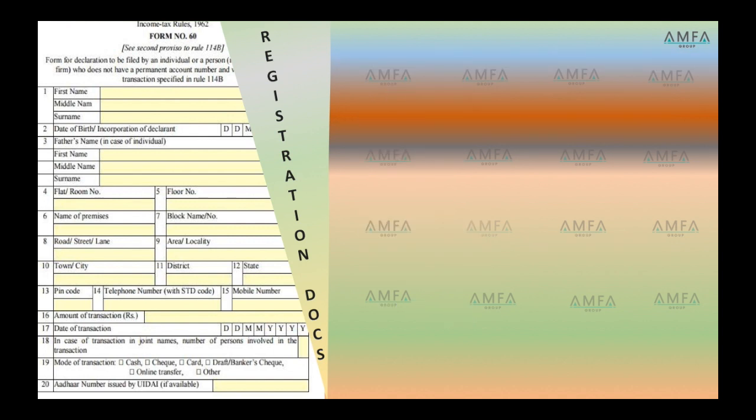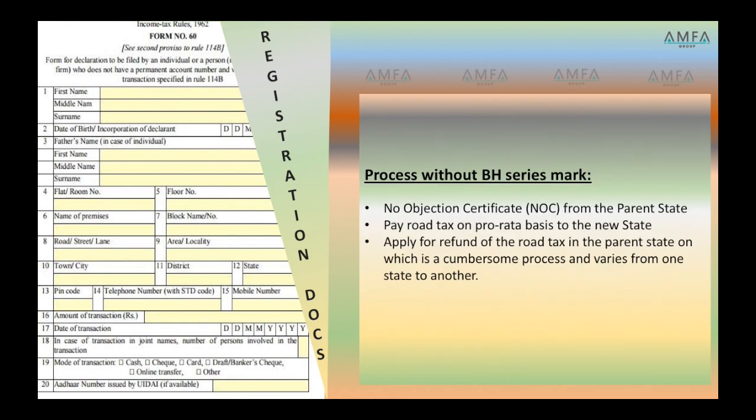In the registration process, presently, when there is no BH series registration mark, whenever somebody is migrating from one state to another or a union territory, he needs to obtain an NOC, a no objection certificate, from the parent state.